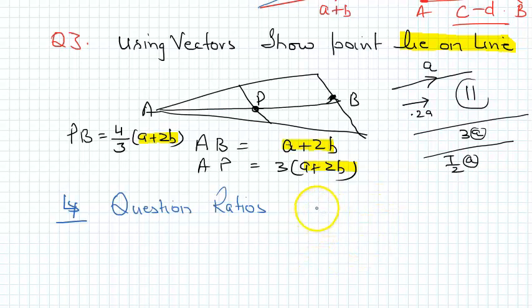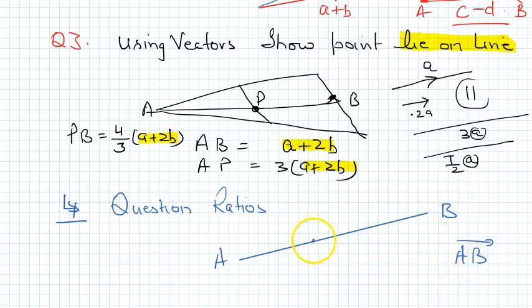Let me explain to you. Suppose this is a line, say AB, and this is a vector AB. Suppose there is a point here, C, and this point is dividing it into the ratio of 2 is to, say, 5.